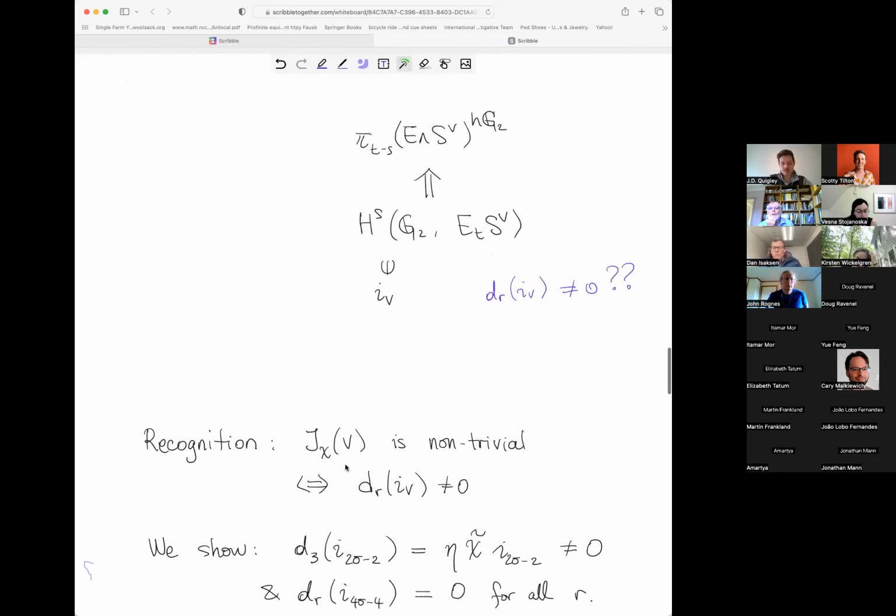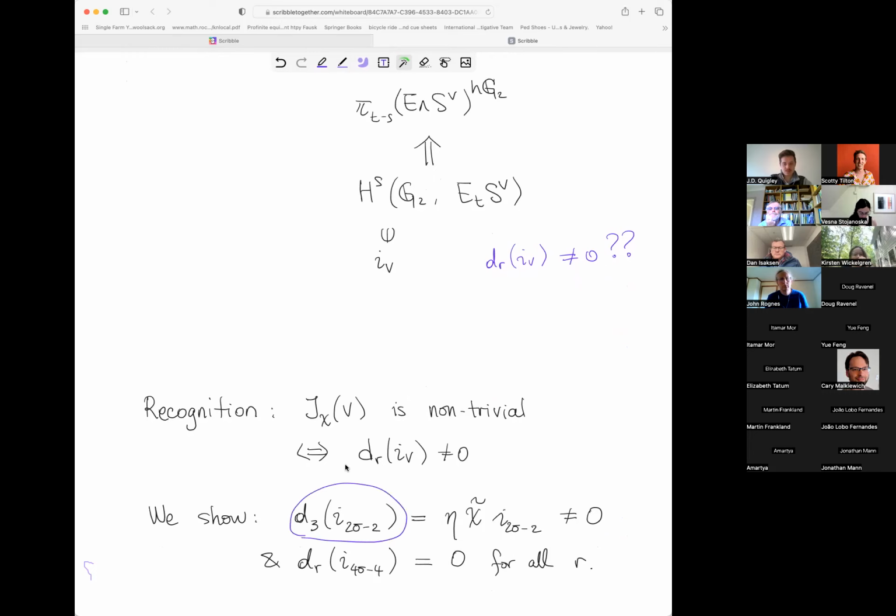And what we end up showing is that there's a d3 that's non-trivial for this Q guy, and that d3 has a specific name. It is eta times chi tilde times this fundamental class.